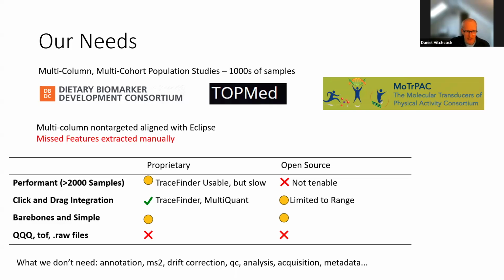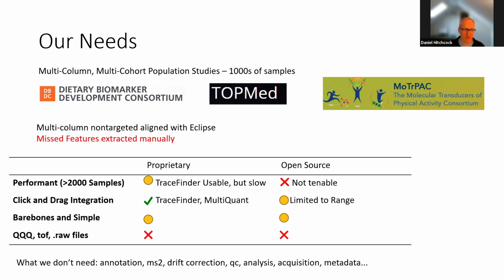We needed click and drag integration, to be able to quickly swipe where we want those. I think the open source ones that I've seen are limited to integration ranges, which is a powerful way to integrate peaks. We also need to be bare bones and simple. We didn't need a lot of features. And I have this at the bottom. We don't need annotation, MS2, drift correction.